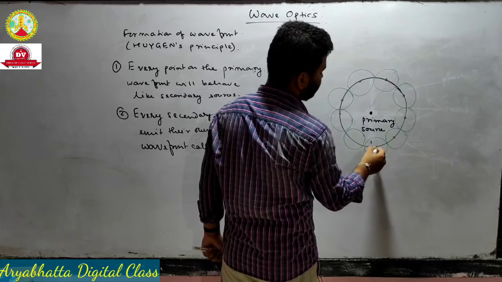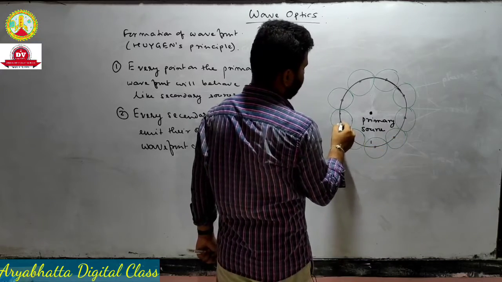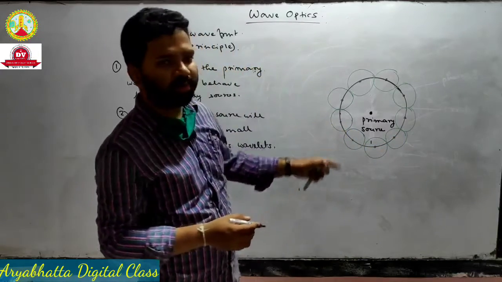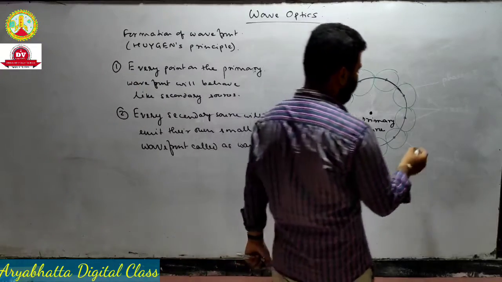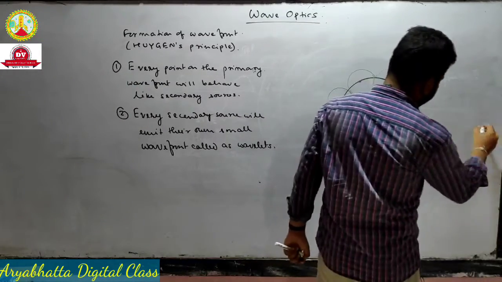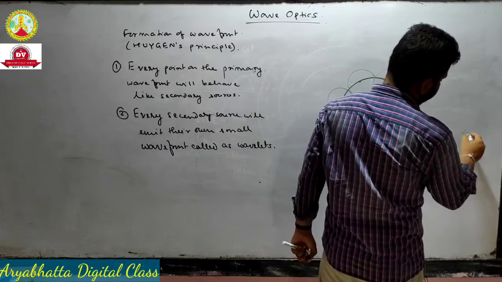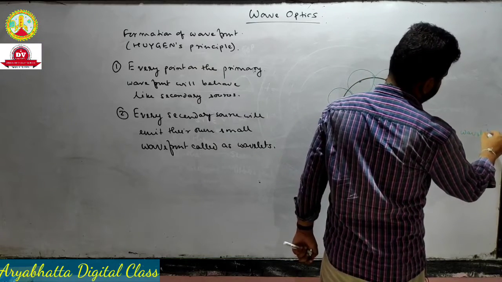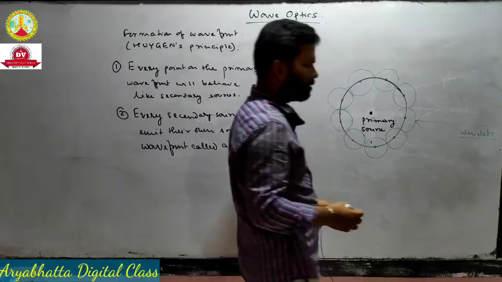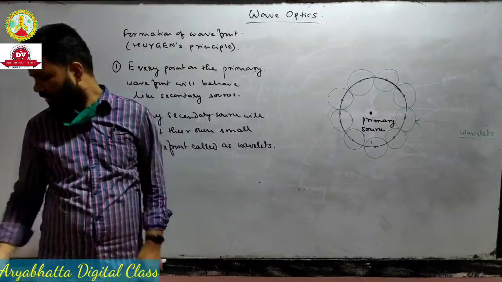Every point on the primary wave will behave like a secondary source, na. Okay. So these small circles are known as wavelets.